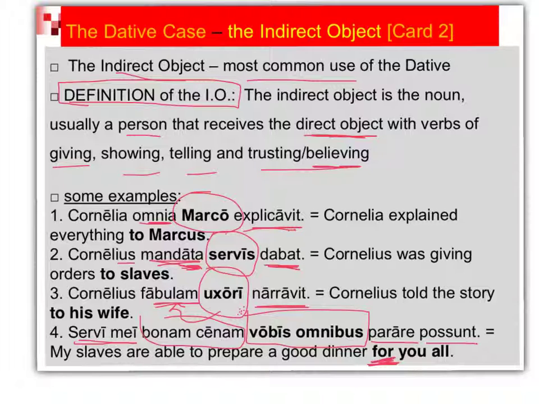And this is indirect object, you all are receiving a good dinner. So accusatives, am here, datives for the people receiving the good dinner. And this might also be a good time to bring up the point of "for," where if there's any idea of benefit or advantage for someone, that someone would go into the dative case.